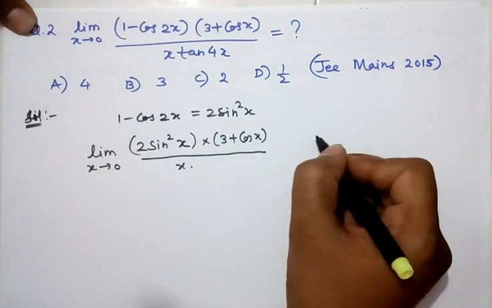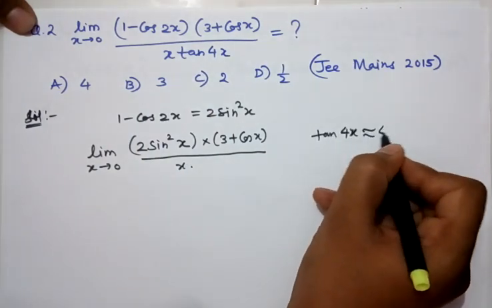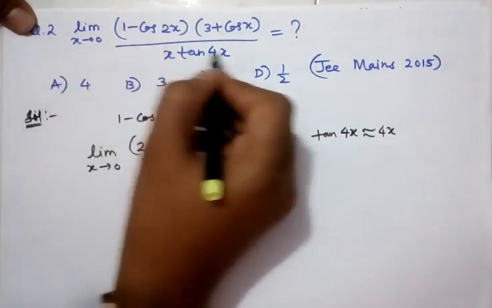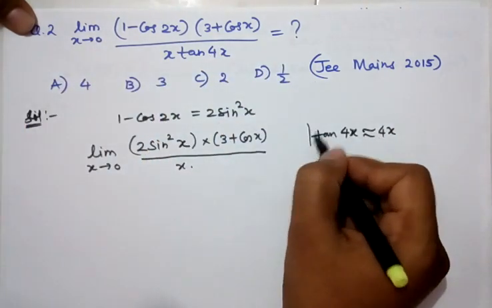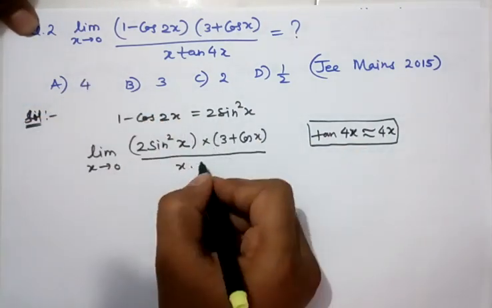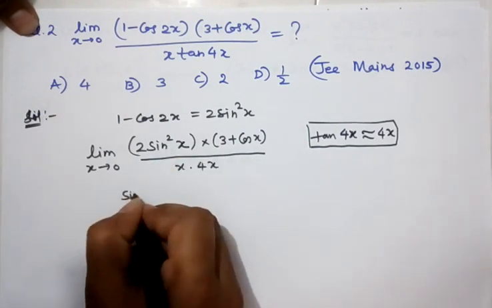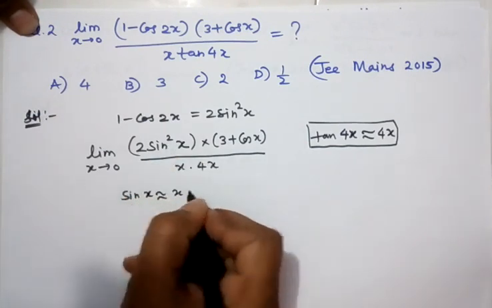Now tan 4x is approximately equal to 4x, because when x tends to 0, 4x also tends to 0. So using my approximation I can use this. Substitute here 4x.